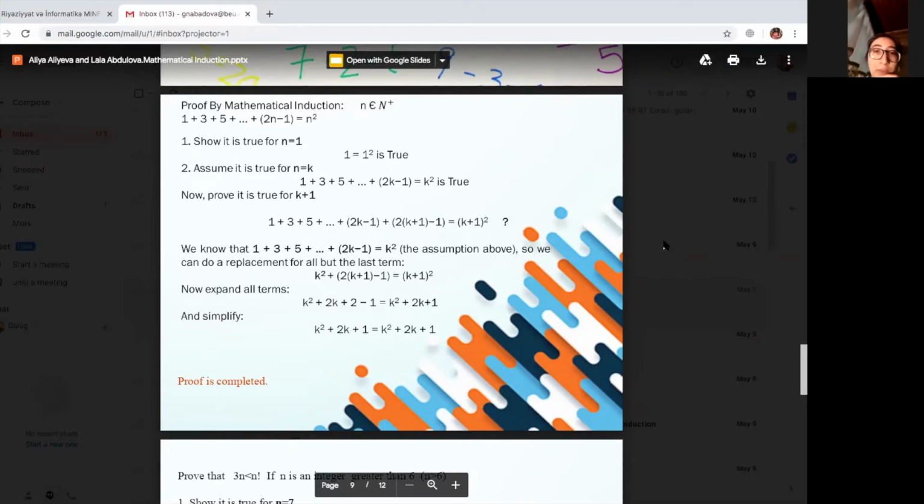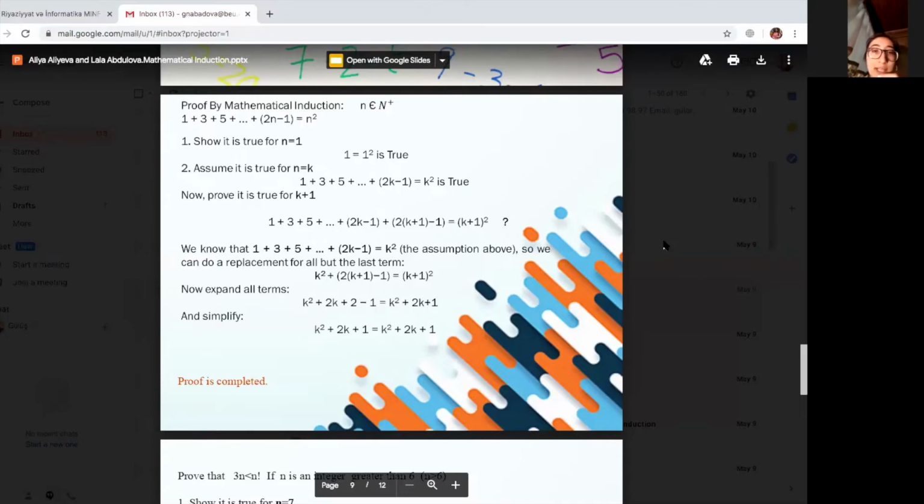When we put in 1 instead of n, we get 1 equals 1 squared, which is true. Second step, we must look at n equal to k.